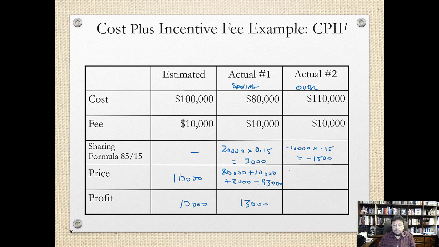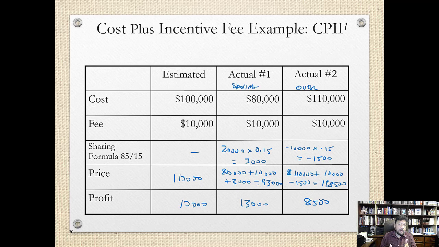So the final price would be 110,000 plus the original $10,000 fee minus the $1,500 that is the share of the contractor. So that gives us 118,500, and the contractor in this case makes 8,500.